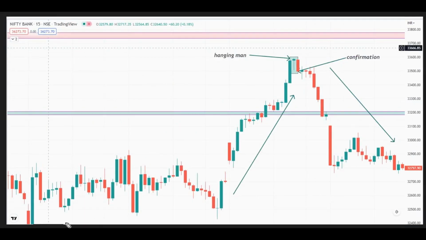See, proper uptrend, hanging man, confirmation, trend change, and this was the last buying. This was the last buying.